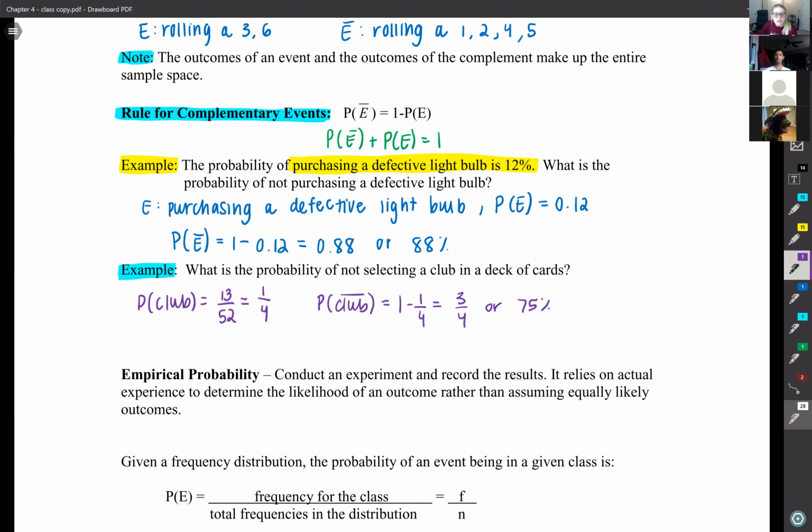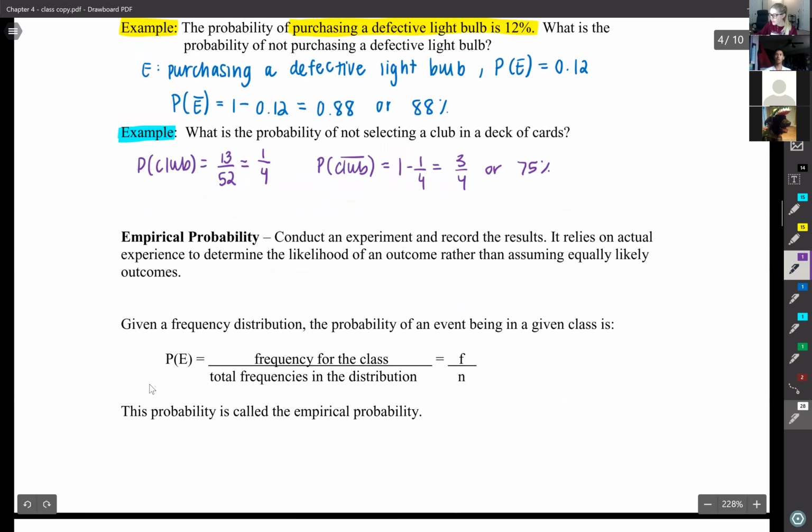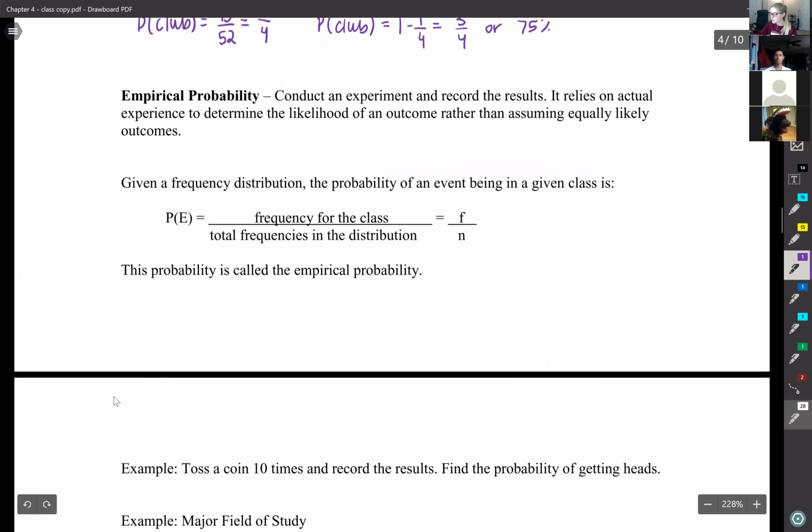Okay, awesome. Let's keep going since it seems like that one went okay. So now we're going to get into that next type of probability, which is called empirical probability, which was written wrong as experimental probability or something on the lecture notes, but it's empirical. So it's a little bit similar to theoretical, but it has a slight difference.